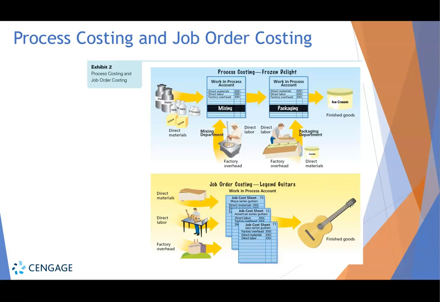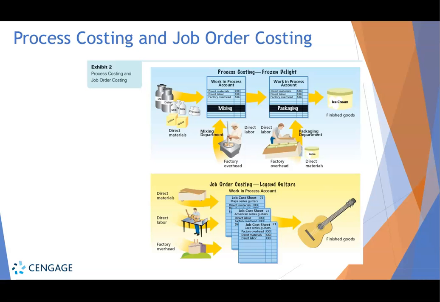With Frozen Delight, the company keeps track of the cost per process or department. So in the mixing department, they're going to keep track of the costs specifically for everything that goes into just the mixing department.